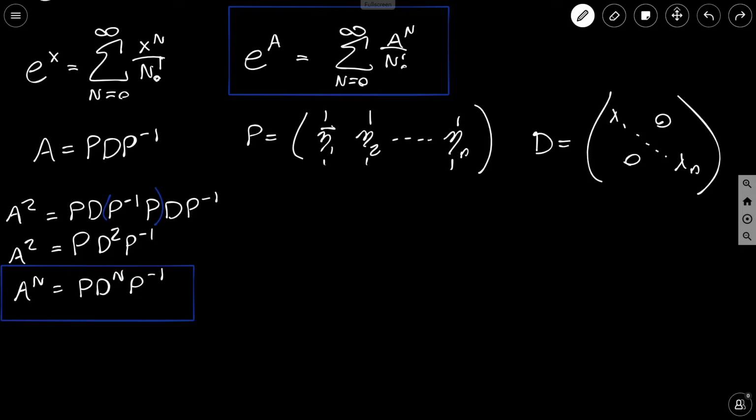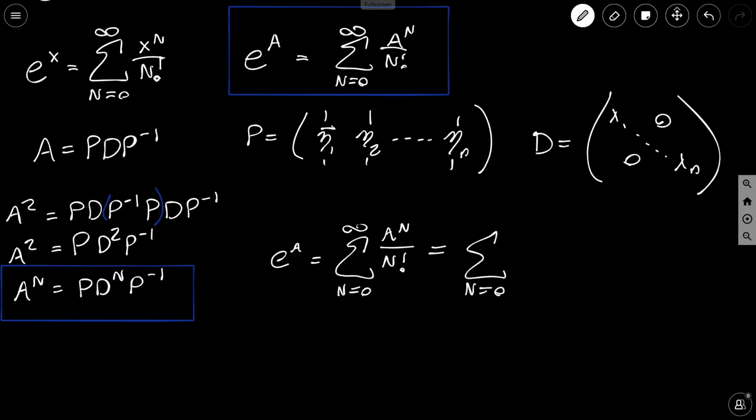So e to the A is equal to, I'm just writing what I have in the blue box, and we can substitute this diagonalization into our sum. This sum only depends on n, which means that we can take P and P inverse and take them outside of the sum.